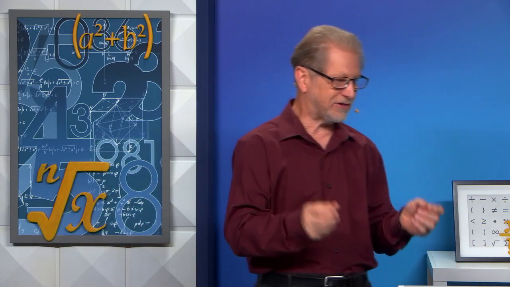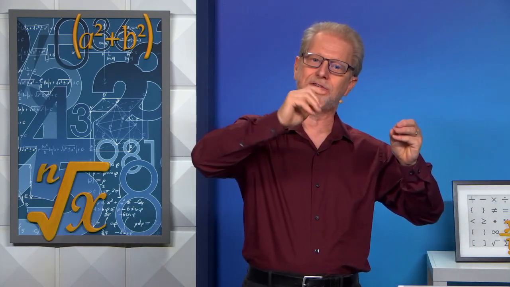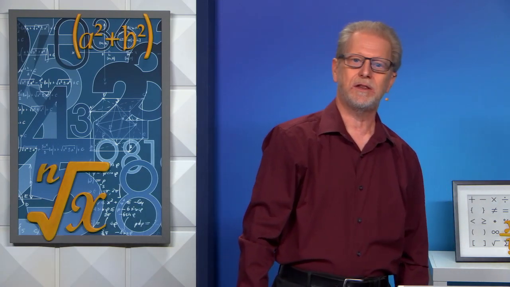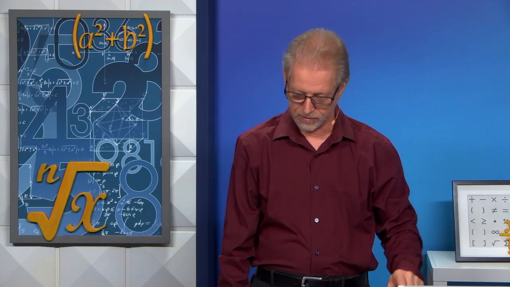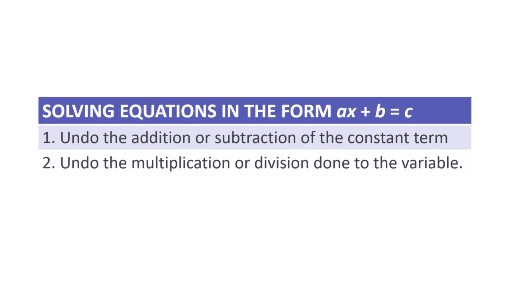You know, you're building something and you put this all together, the last thing you do is tighten the bolt. What's going to be the first thing you do to take it apart? Loosen the nut off the bolt. Okay? So we flip the order of operation. The addition, subtraction is undone before the multiplication, division. Undo the addition or subtraction, then undo the multiplication or division when you're solving an equation.